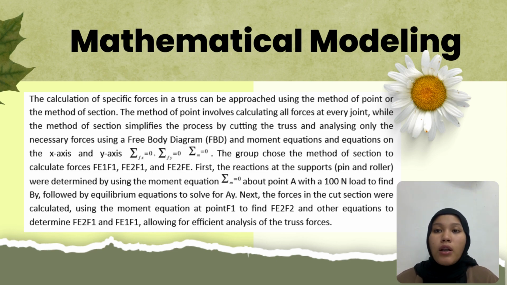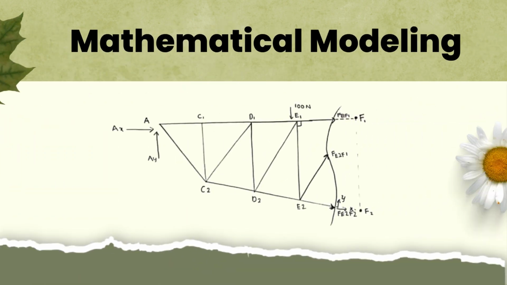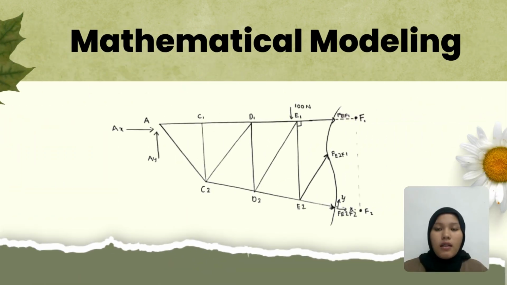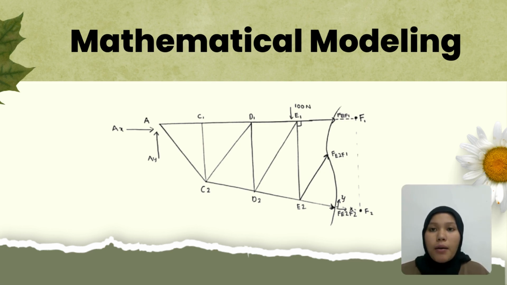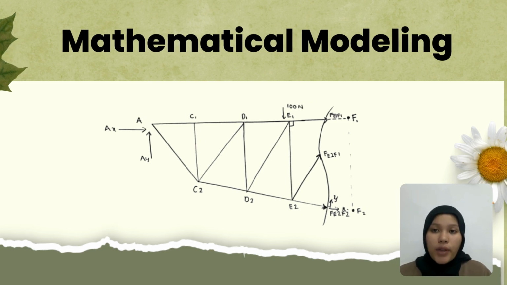So this approach allowed for an efficient analysis of specific forces without requiring detailed calculations for every joint and member in the truss. So this is the FBD, free body diagram, with explanation and mathematical modeling.